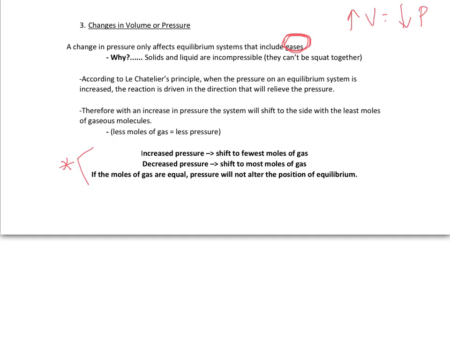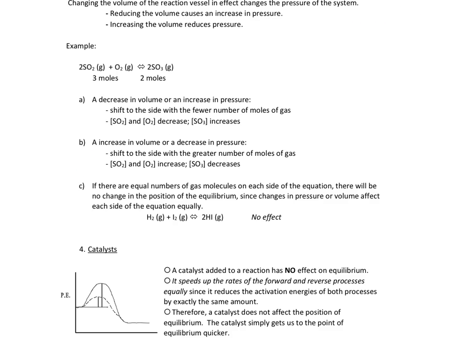If you decrease the pressure, the equilibrium will shift to the side with the most moles of gas. And if the moles of gas are equal, an increase or decrease in pressure will not alter the position of the equilibrium.